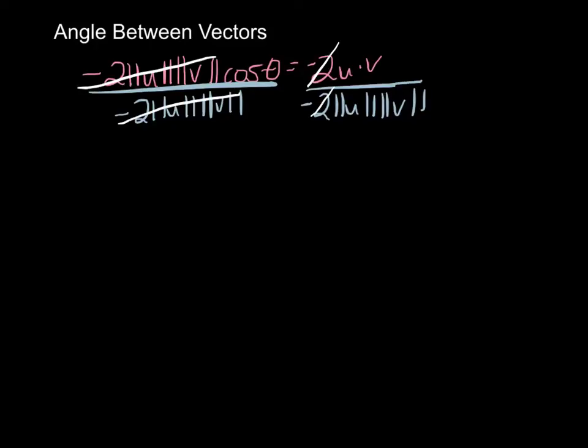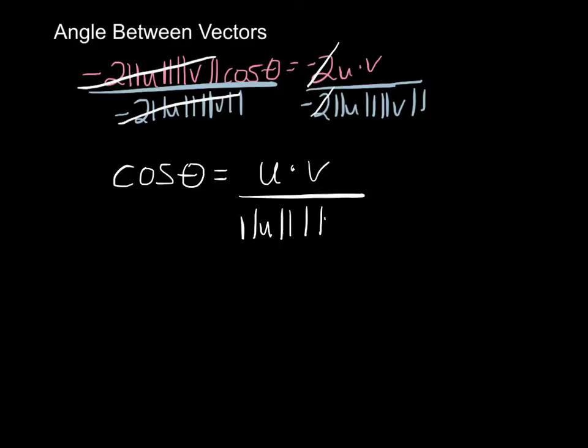So now all we have is that cos theta equals u dot v over the magnitude of u times the magnitude of v. Now you're generally not responsible for proofs or derivations in this course, but the reason that you saw this right now is because you should understand that this formula comes from the law of cosines.